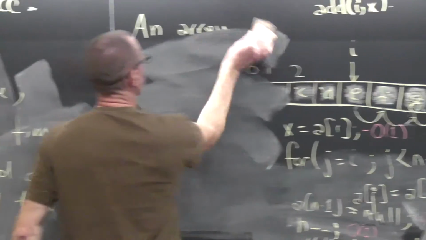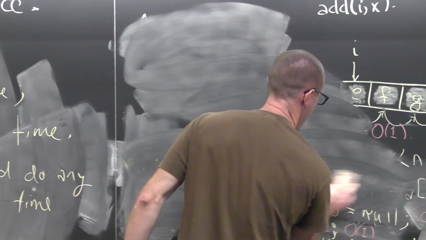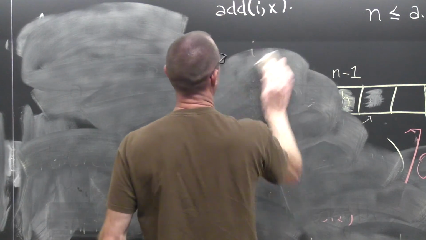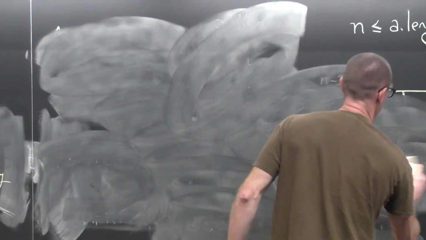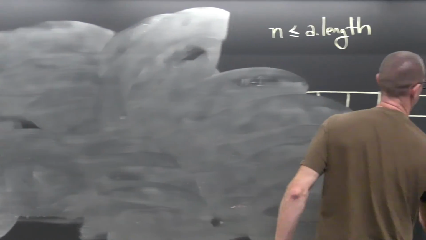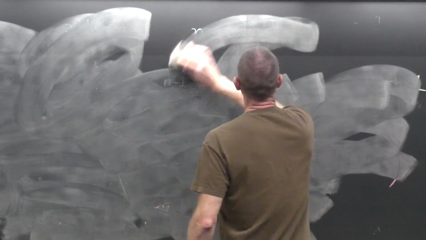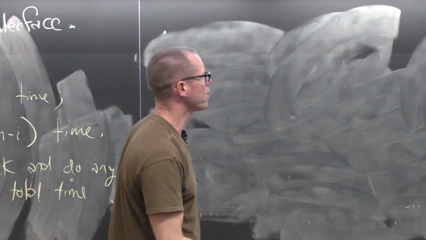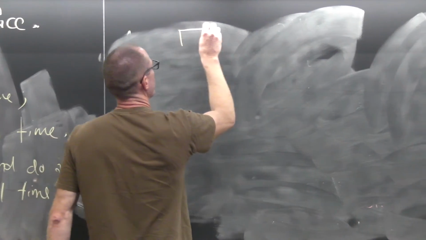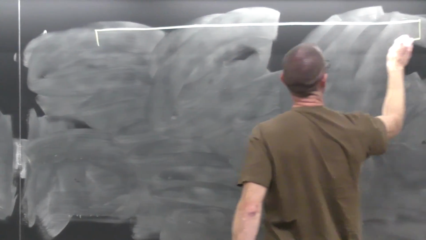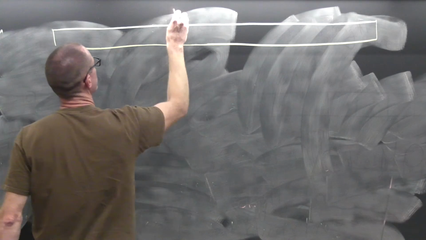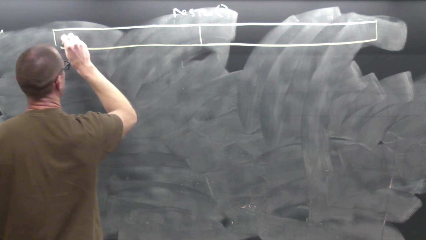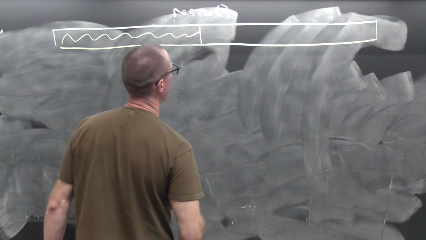All right, so that's one case: the resize operations that happen because you're trying to add something. The other case is when you're trying to remove something. This case is similar, but slightly more confusing. The picture doesn't change. Someone calls resize, and the picture always looks like this: the array is half full.